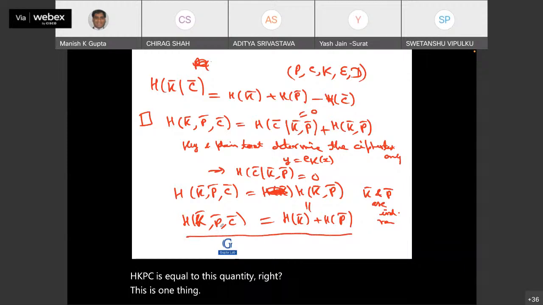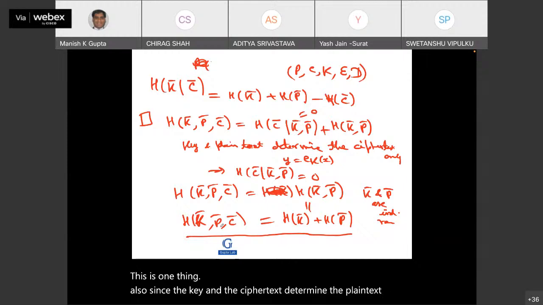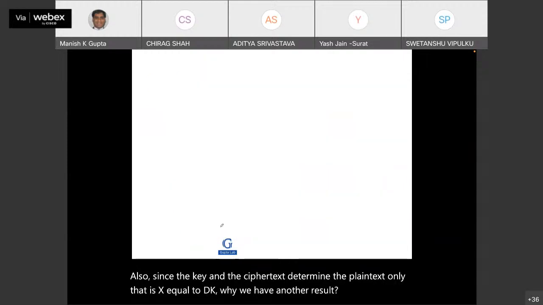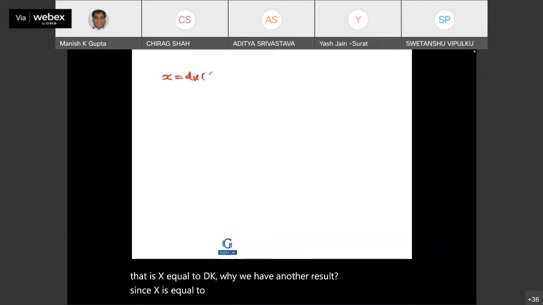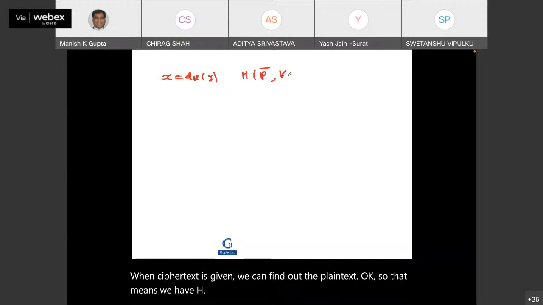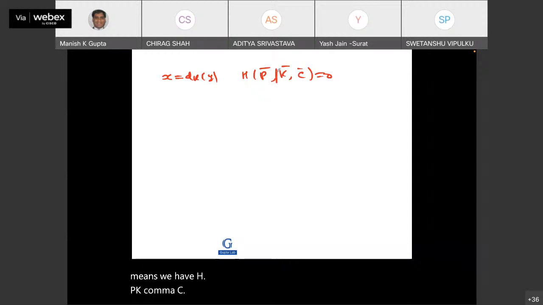Also, since the key and the ciphertext determine the plain text only, that is x equal to d_k(y), we have another result. Since x is equal to d_k(y), when the ciphertext is given, we can find out the plain text. Okay, so that means we have H(P|K,C) equal to 0.